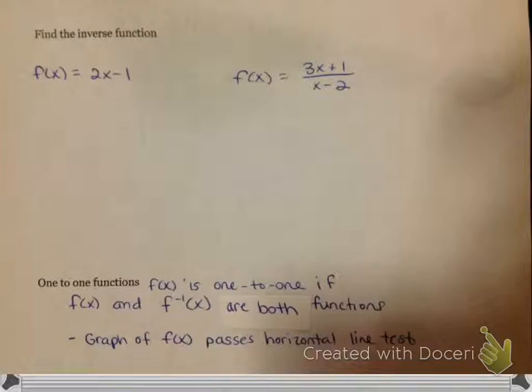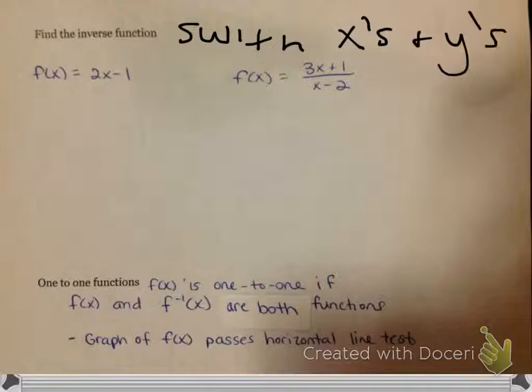Okay. Now we have find the inverse of each function. Remember, inverse just means the x and the y's have switched. So the domain of one becomes the range of the other. So to find it, you're literally just going to switch your x's and y's.